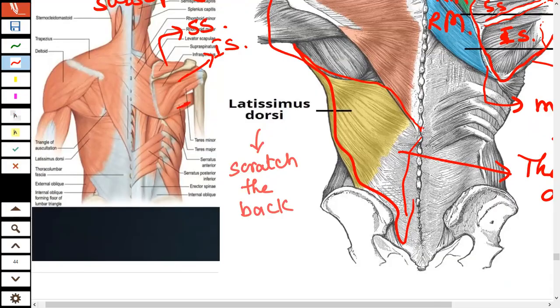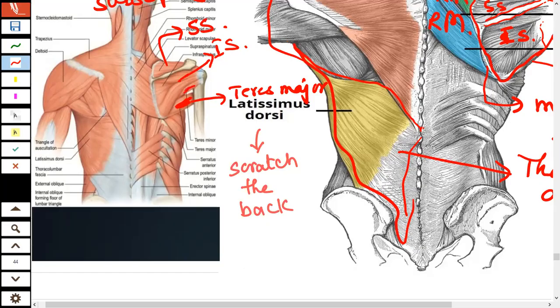This muscle. Very good. This is your teres major muscle. How you can identify? Because it is inserting in the floor of the bicipital groove. Okay, so this is your teres major muscle.